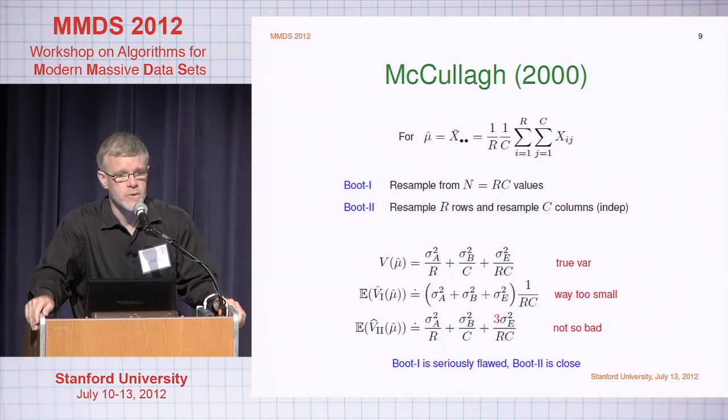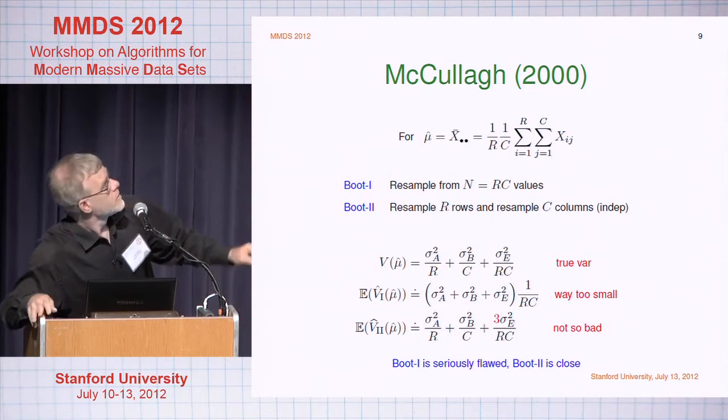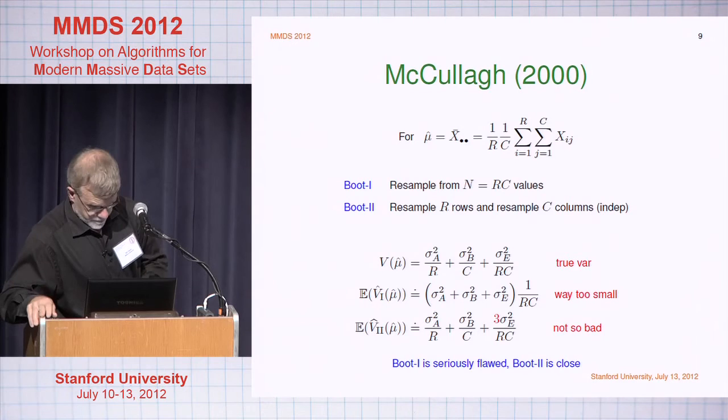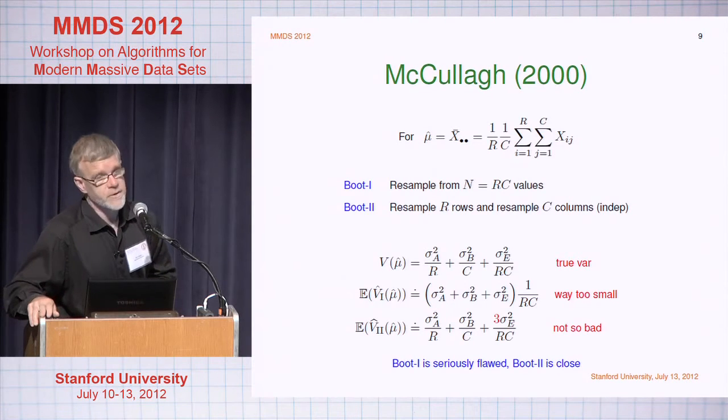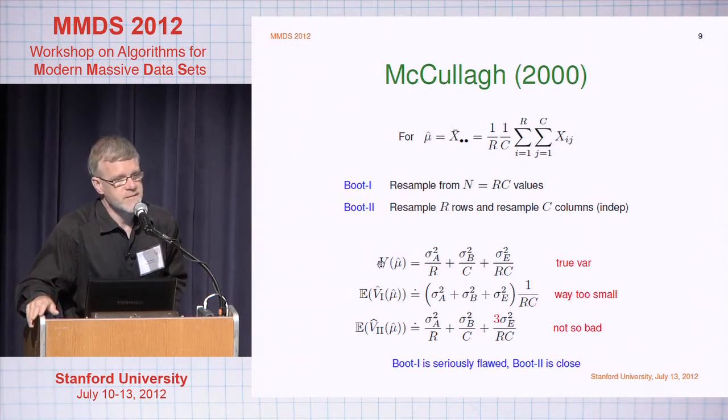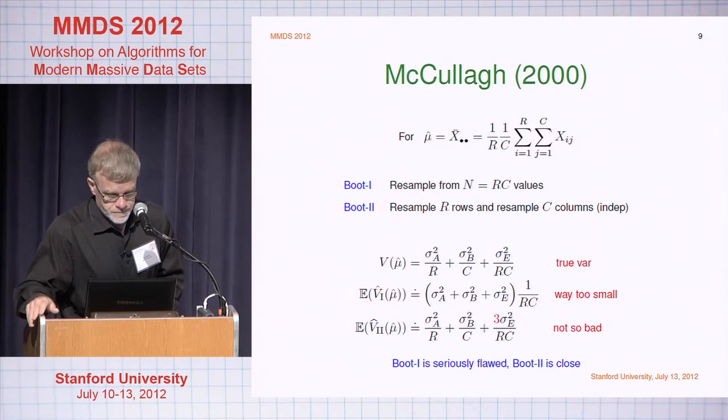So that's what this product resampling would do. Operationally, you're taking every row and multiplying it by a weight, every column by a weight, and every data point by the product of those weights. Okay. In this simple setting, you can work out what the variance should be. If it's really Gaussian and everything, you wouldn't do a bootstrap in this case, and we know what the answer is. If you do this naive bootstrap, you miss it by a mile.